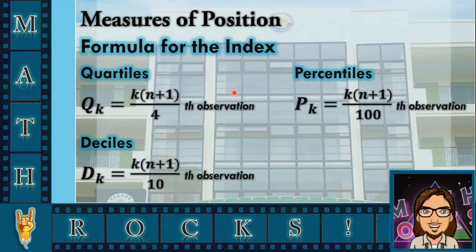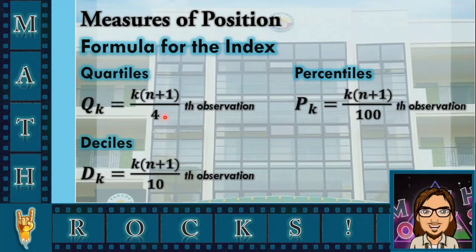Okay? So this formula, again, does not give us the value immediately. Instead, only the location of the value. And there is a certain similarity in the formula of the index for all of these measures of position, such as the quartiles, deciles, and percentiles. They only change with respect to their denominators.